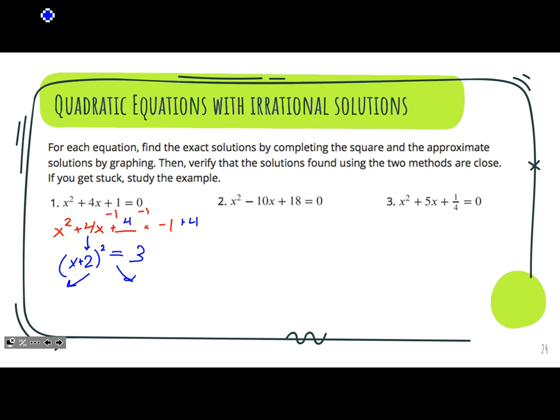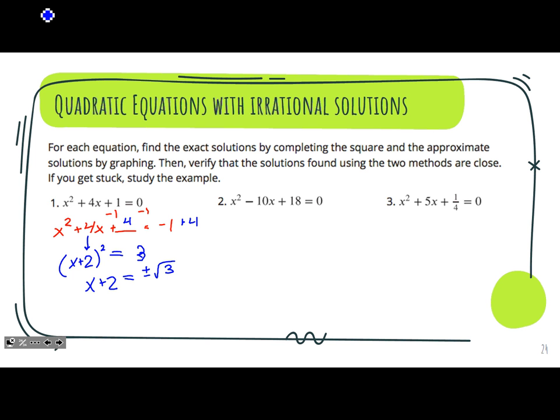If you write this as one equation, what's going to happen is you're going to have x plus 2 equals plus or minus the square root of 3. And the plus or minus sign, again, is what gives you the two different answers. One where it's a positive root 3, and then one where it's a negative root 3. Again, stemming from the fact that negative times negative is also positive.